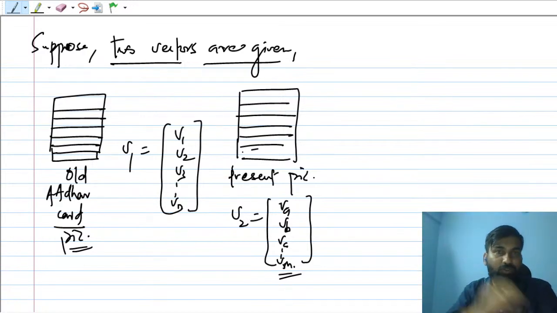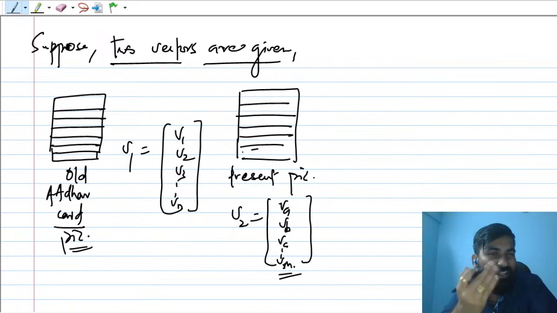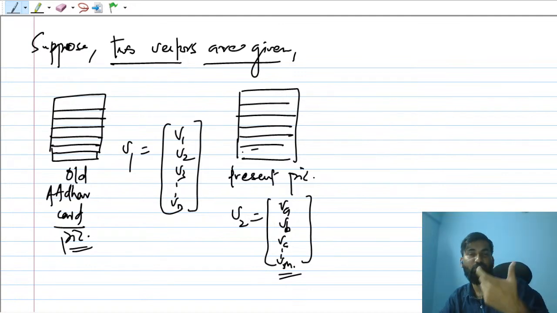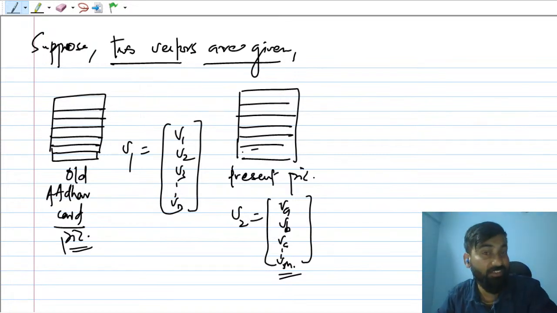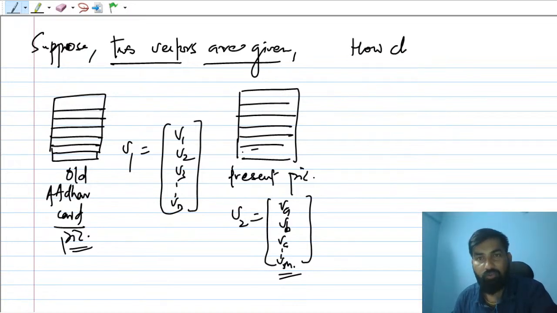There should not be a mismatch, otherwise that Aadhaar card will not be allowed, so we need to update them. After taking the difference, the norm of a vector is going to describe how close the two vectors are. This is a very important line: how close the two vectors are.